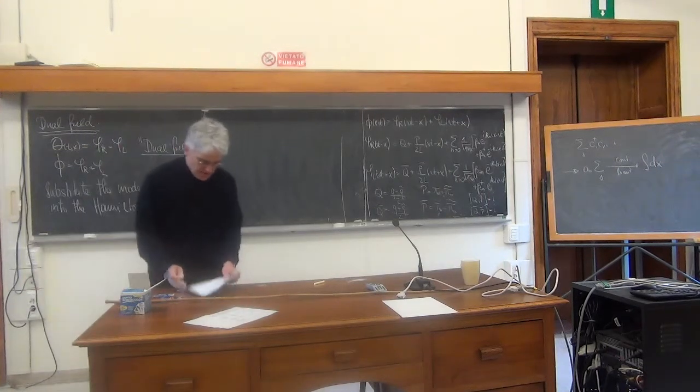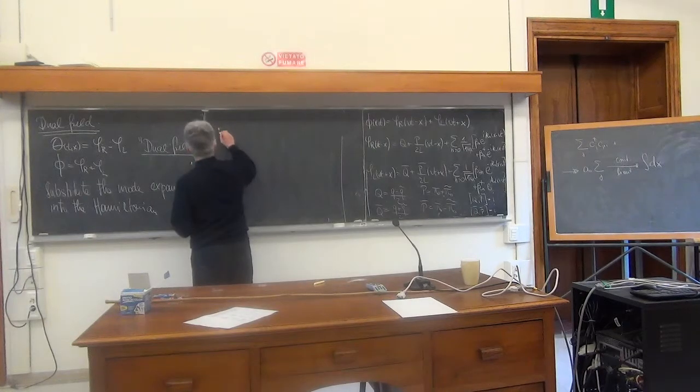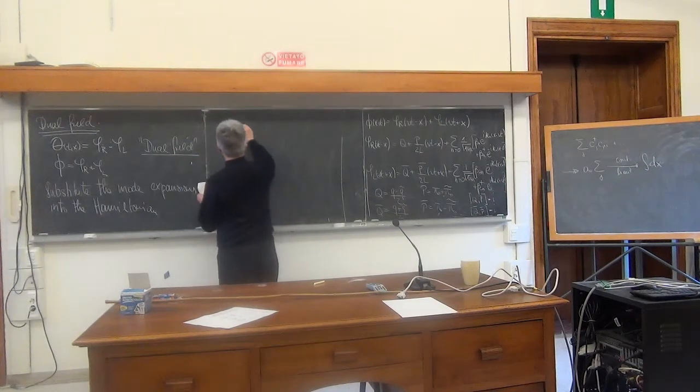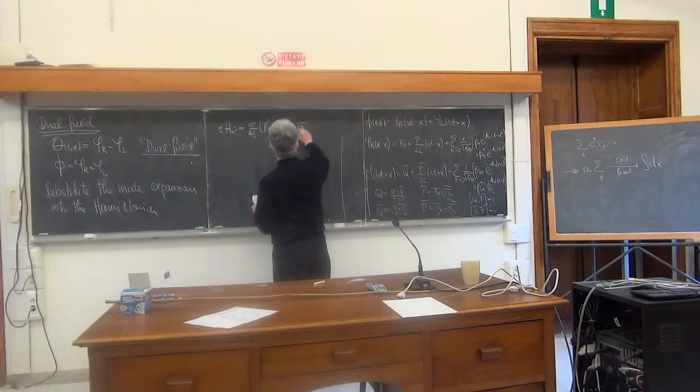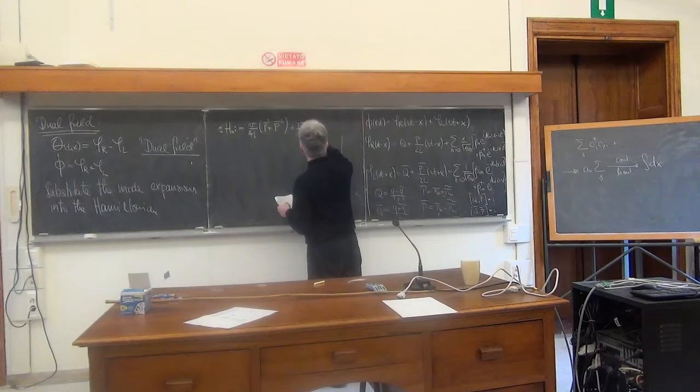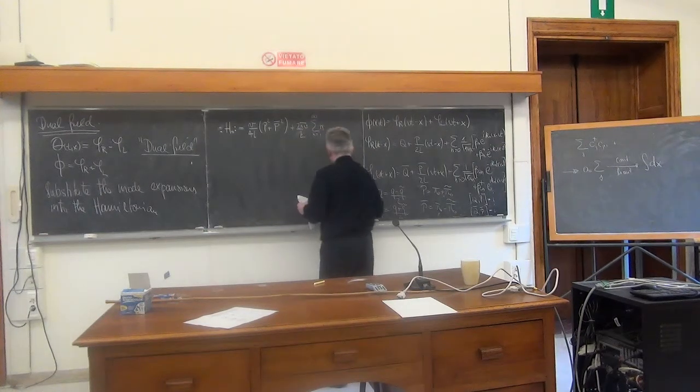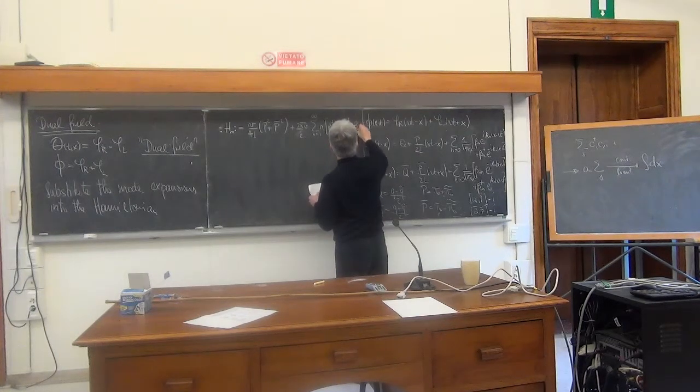What you get is a normal ordered Hamiltonian, so I'm throwing away some constants, which would be b divided by 4L, times P squared plus P bar squared, plus 2 pi b over L, sum n equals 1 to infinity, here I have n, and here you have beta dagger n beta n plus beta dagger minus n beta minus n.